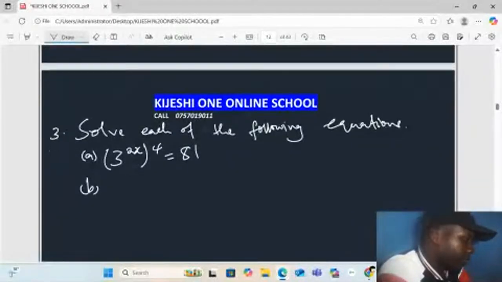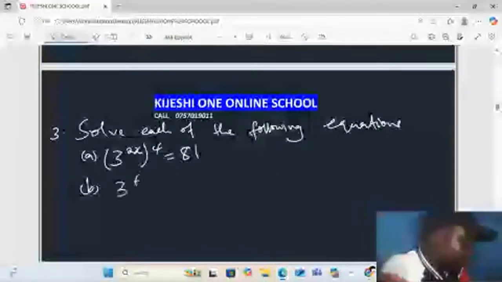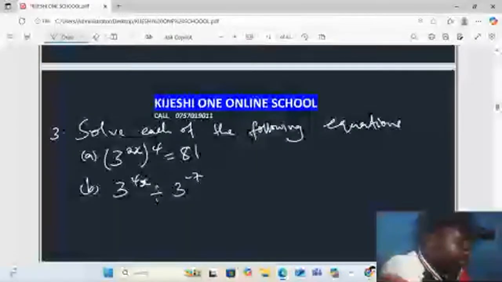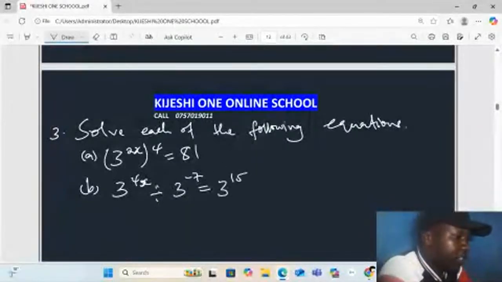Then our second one, in number 3, we have 3 raised to 4x, and then divide it by 3 raised to -7 will give you 3 raised to 15.